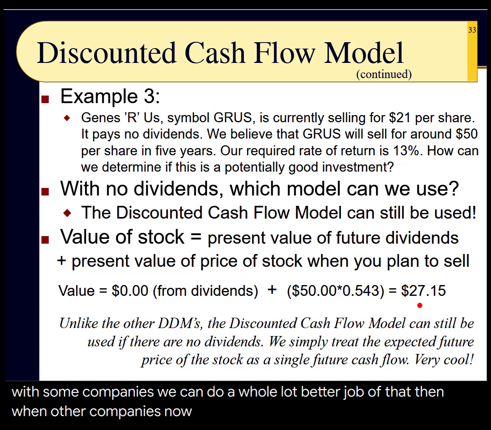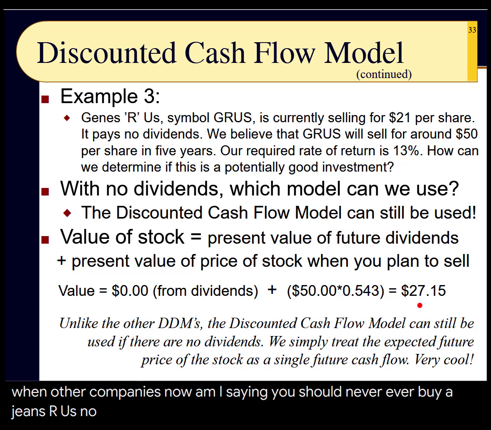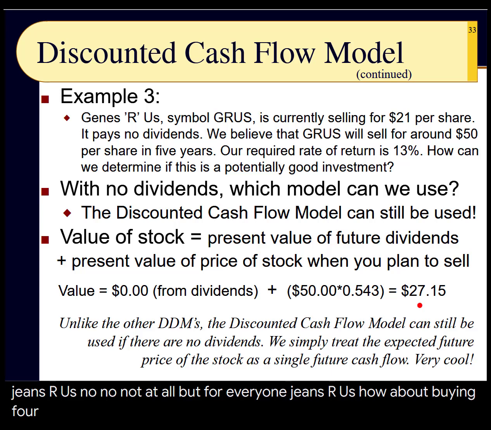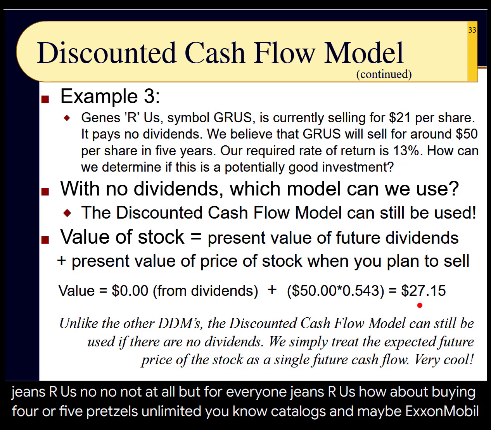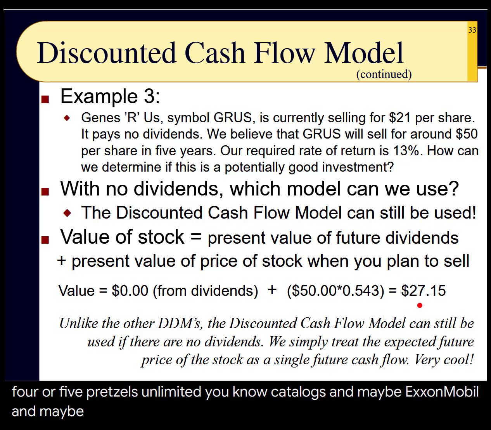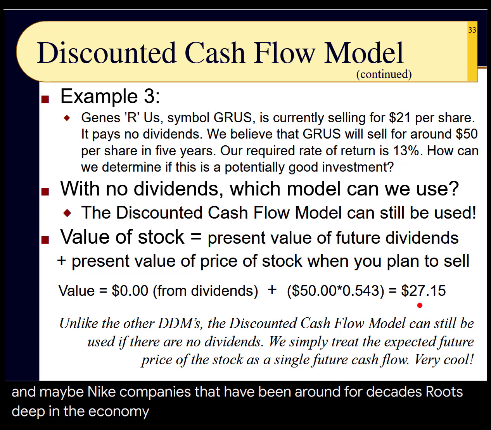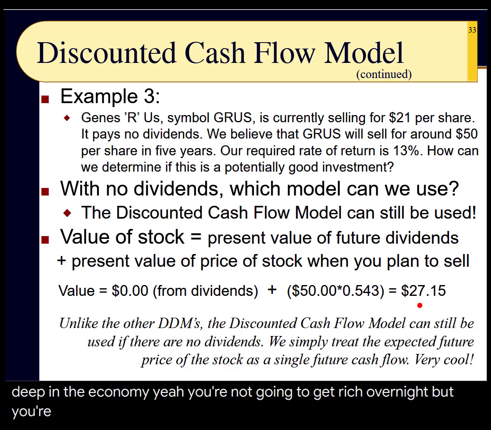Now, am I saying you should never, ever buy a Jeans or Us? No, not at all. But for every one Jeans or Us, how about buying 4 or 5 Pretzels Unlimited, Kellogg's, and maybe ExxonMobil, and maybe Nike, companies that have been around for decades, with roots deep in the economy? You're not going to get rich overnight, but you're also not going to get poor overnight.